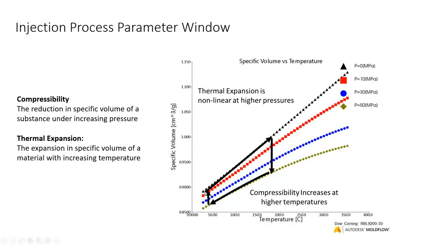We start at one temperature and we increase the pressure, then that enters the cavity and we see heating, and then we open the tool and we depressurize, and so on and so forth. So we see compressibility and thermal expansion as a very important factor. And obviously, we have to program that into the material characterization as well. And this helps us then, through this concept, adjust the pressures in the injection press to give us very good part quality performance.